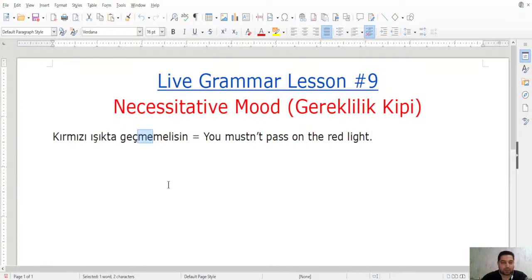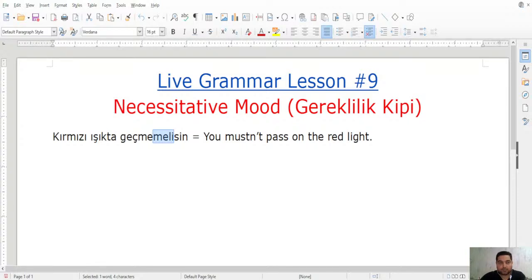We throw away mek. Then we have the negative me here. Then you have the meli part, which is a soft vowel because the previous one was me. Memeli, not mamalı, but geçmemeli. And then we have the second person singular, geçmemelisin. Sin, kırmızı ışıkta geçmemelisin. You mustn't pass on the red light.